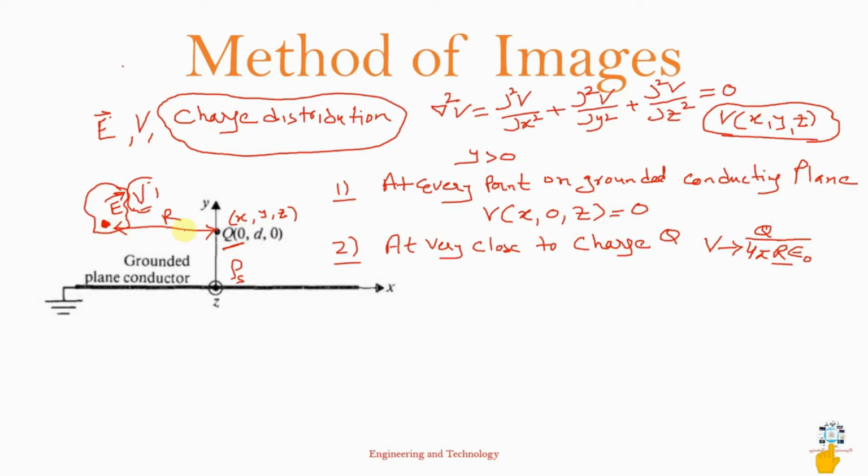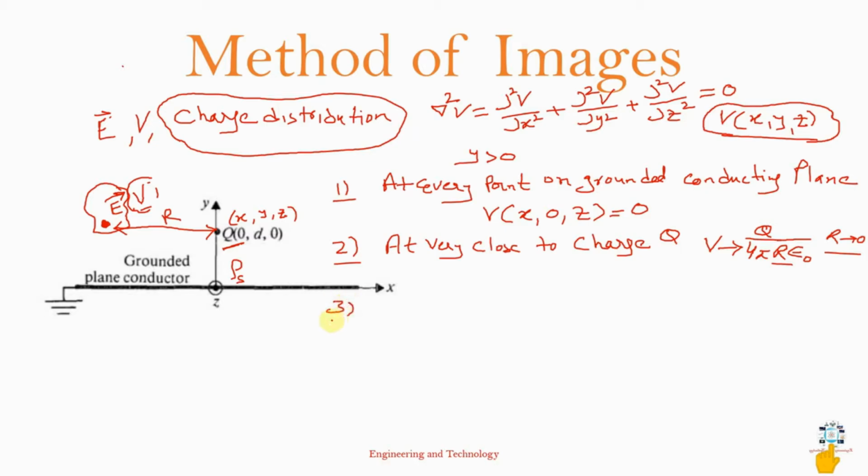So if we find the potential very close to this charge, it will be given by q upon 4 pi epsilon r, as r approaches 0.